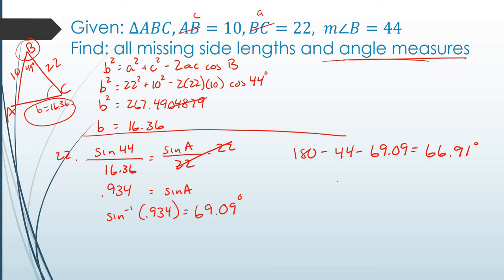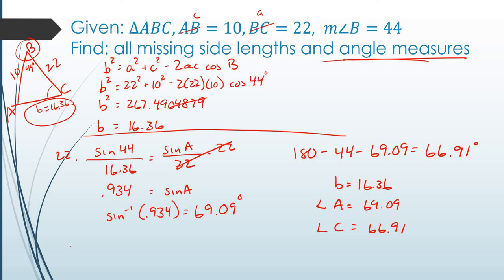So I found all of my missing measures. Side b was 16.36, angle A was 69.09, and angle C was 66.91.